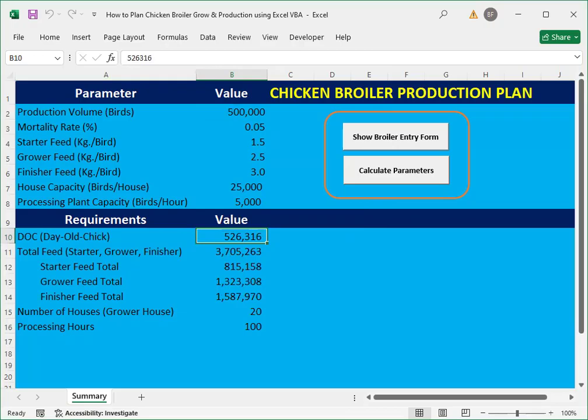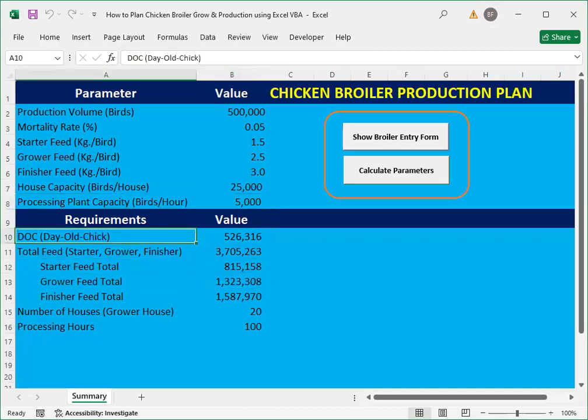But of course, your opportunity for a bigger profit or bigger sales of birds to the market will also reduce. Okay, so you can decide depending on your house capacity, depending on your processing plant capacity.